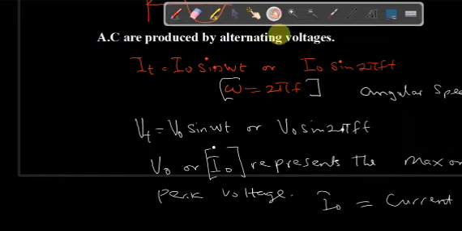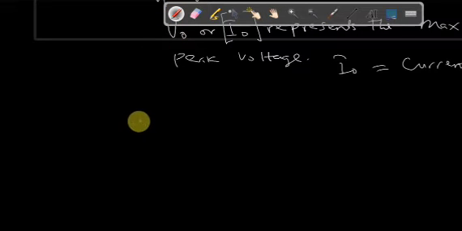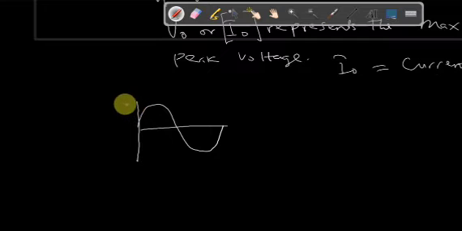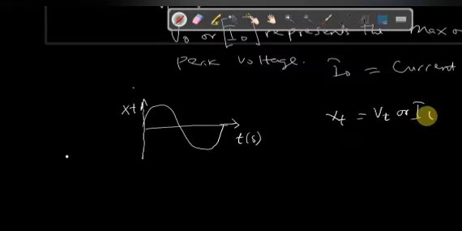So when dealing with AC circuits, I'll replicate the sinusoidal wave. So this is a sinusoidal wave. This could be any quantity S of t, with time in seconds on this axis. S of t could be V of t or I of t.